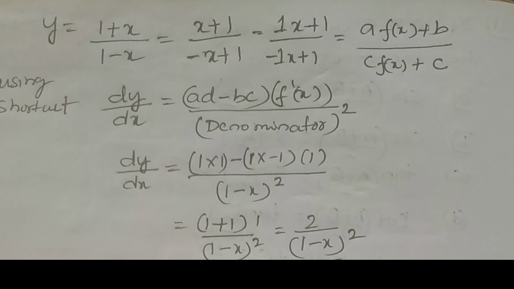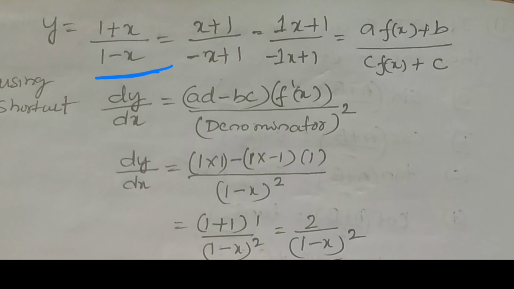So the form is a f of x plus b divided by c f of x plus d. This relation also you have to remember if you get this type of problem. Substitute the A value and D value, and the f dash of x value also you have to substitute, and the denominator square means (1 minus x) square.